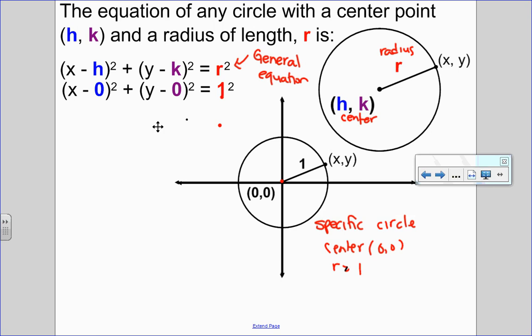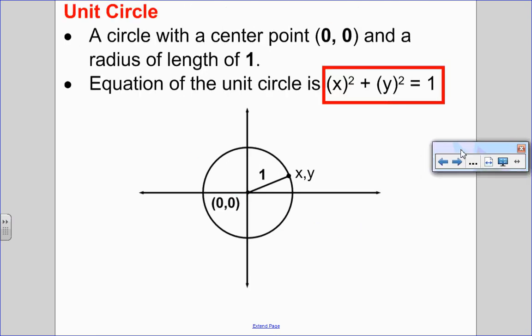So this particular circle has the equation x^2 + y^2 = 1. This specific circle has a special name, the unit circle: a circle centered at the origin, (0, 0), with a radius of 1. And we've just seen the equation of that unit circle, x^2 + y^2 = 1.